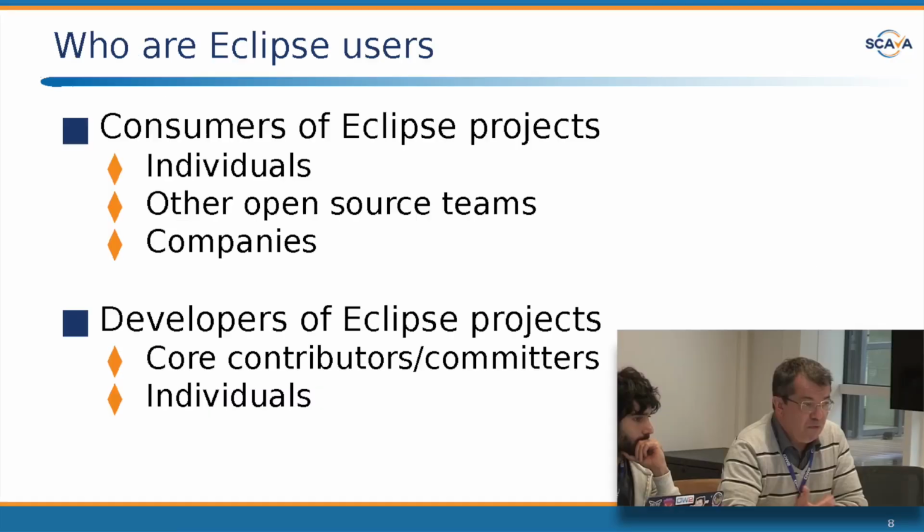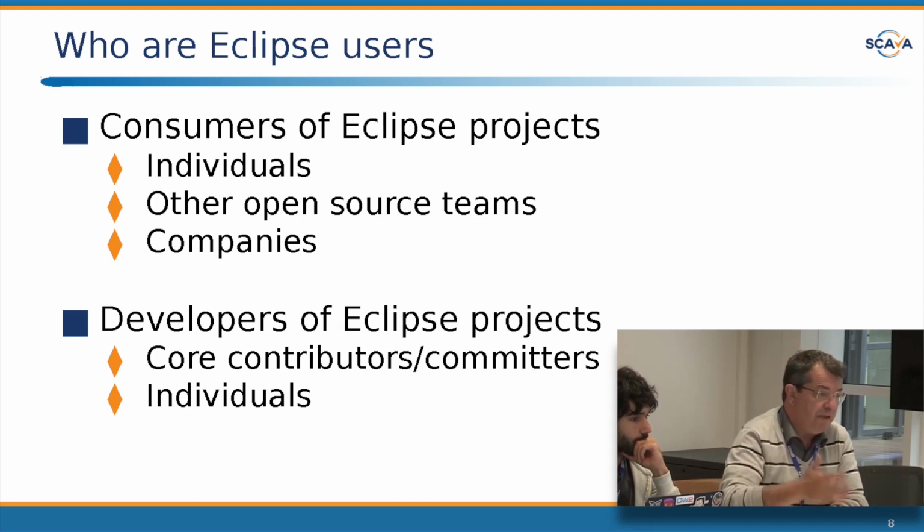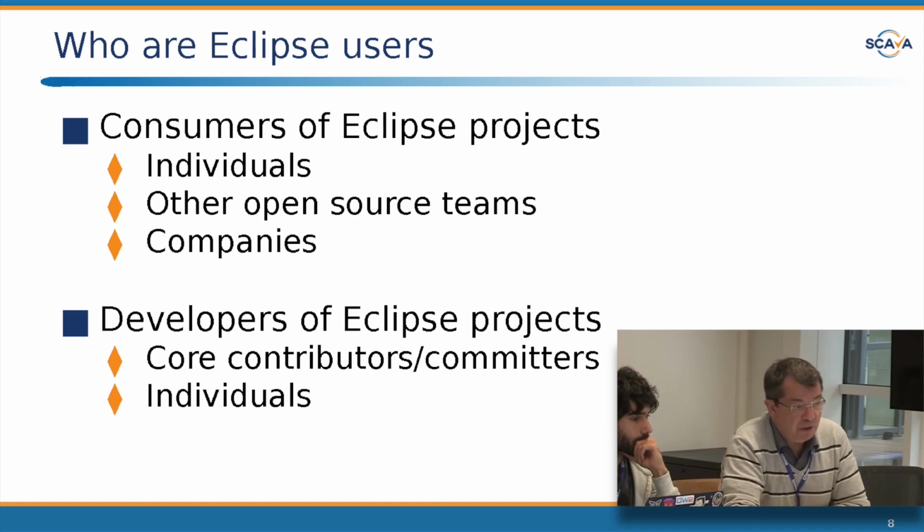So we have two main kinds of users. We have consumers, who can be individuals, open source teams, or companies who just want to grab some existing projects and reuse them. And we have, of course, developers who, as contributors, also want to have a vision of how their own project is perceived from the outside.